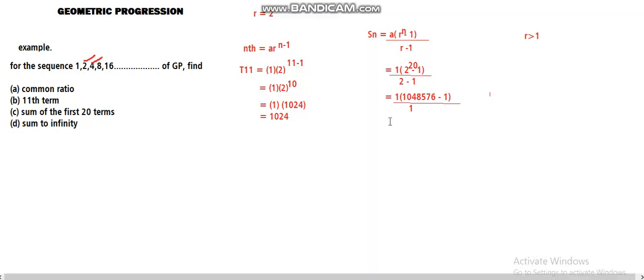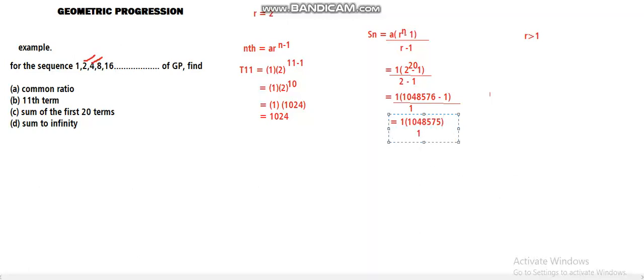So I'm going to get 1 open bracket 1,048,575, since I subtracted 1, then divided by 1.